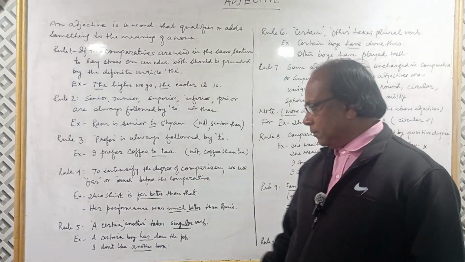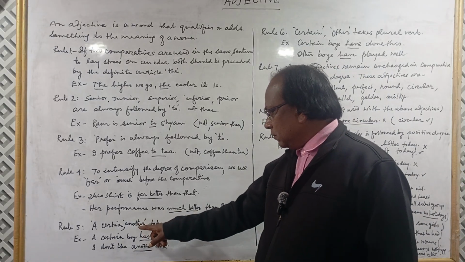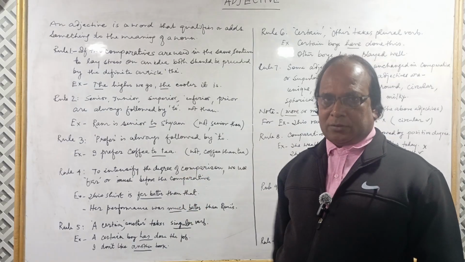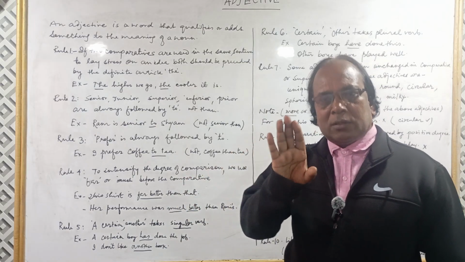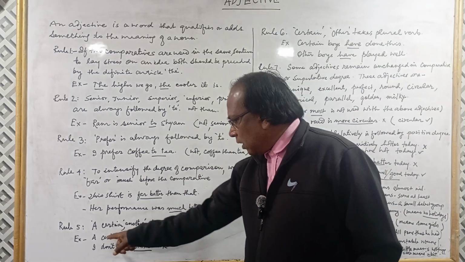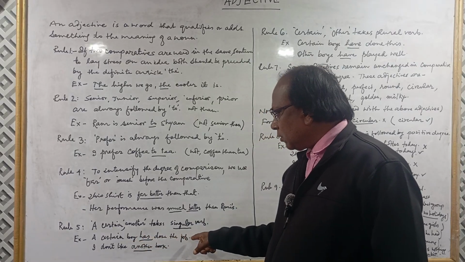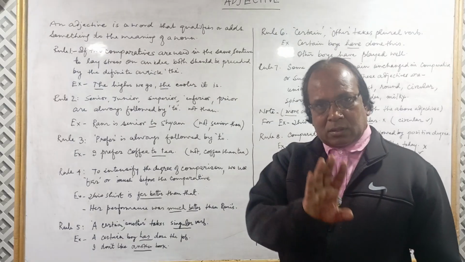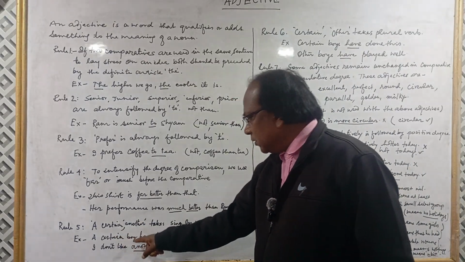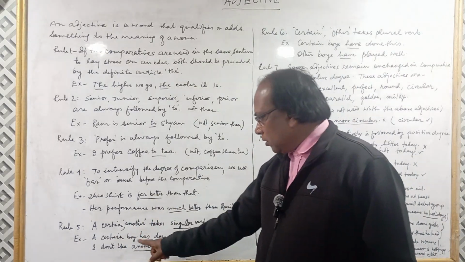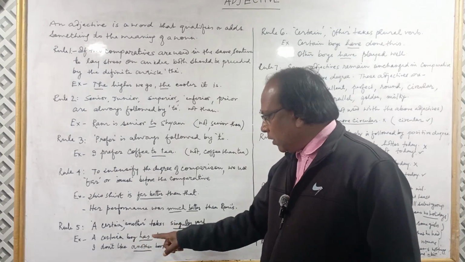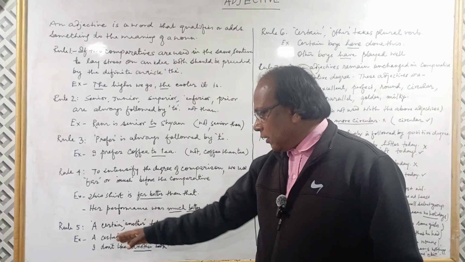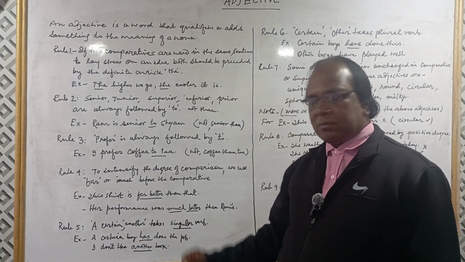Now, rule number 5. A certain, another. These two words are singular in nature. So, while using them in a sentence: a certain boy has done the job. I don't like another book. Here, a certain is singular. That's why boy is singular and the verb has is also singular. In the other sentence, I don't like another book.